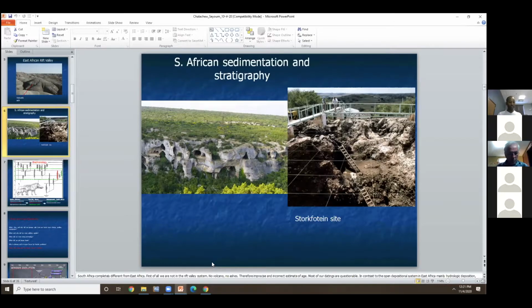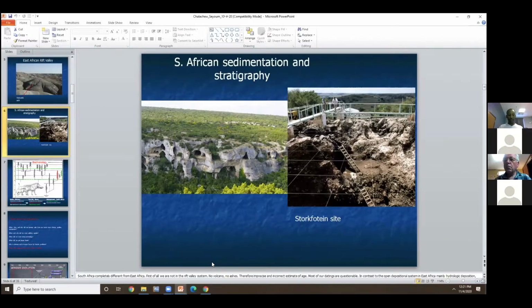In contrast to the open depositional system in Eastern Africa, mainly hydraulic, as I mentioned earlier, in South Africa fossil accumulations are often in cone-shaped systems in the caves. This is because of the way the sediments and animal remains are washed into the caves.